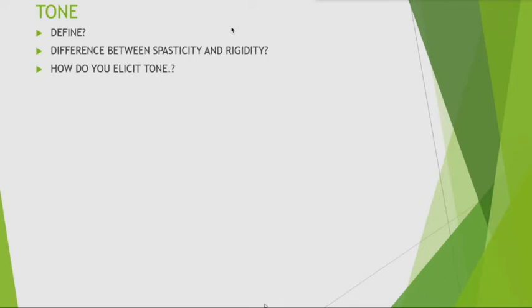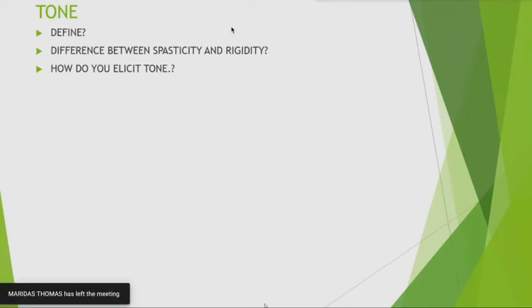Yes. Then? Rigidity remains throughout the movement, and spasticity usually only during initiation of the movement. So universal distribution is a characteristic feature of rigidity.